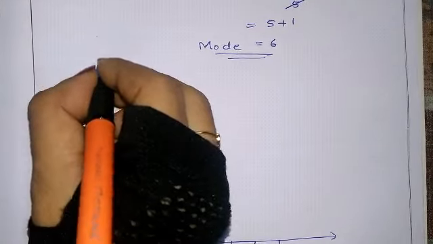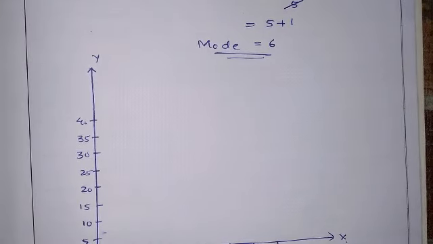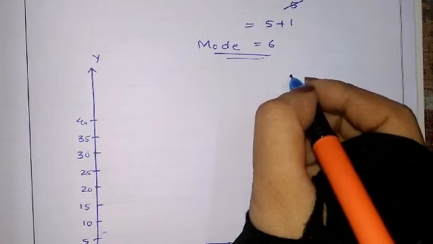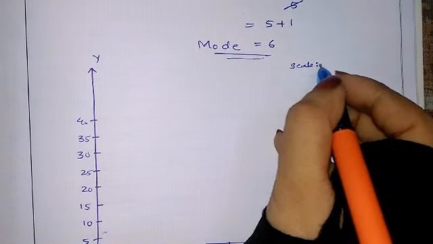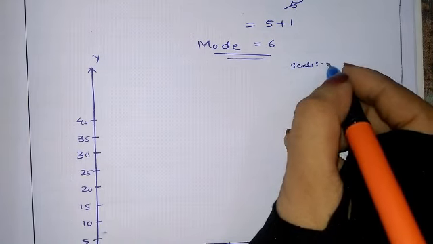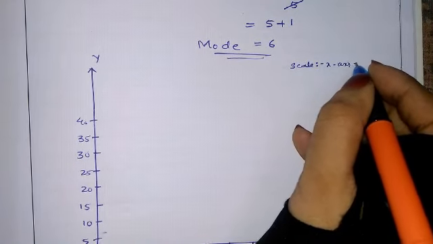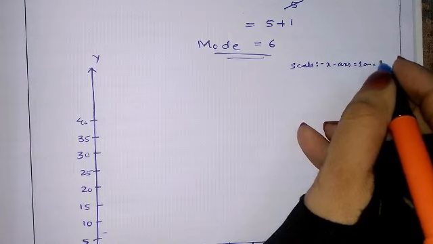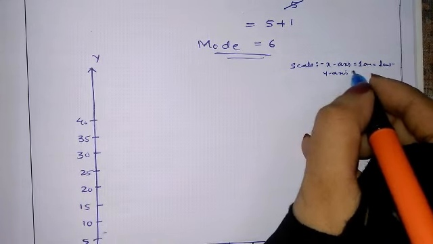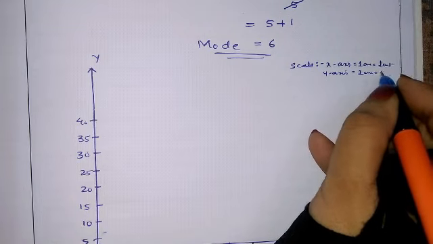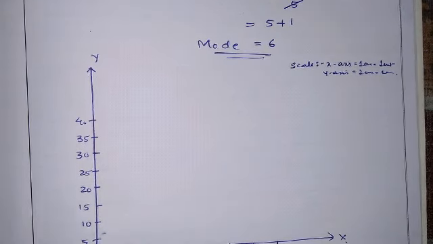This is the y-axis, this is the x-axis, and you should write the scale. You should not forget to write the scale, because the scale is very important. X-axis: 1 centimeter equals 1 unit. Like that, y-axis: 1 centimeter equals 1 unit. You should not forget to write this.